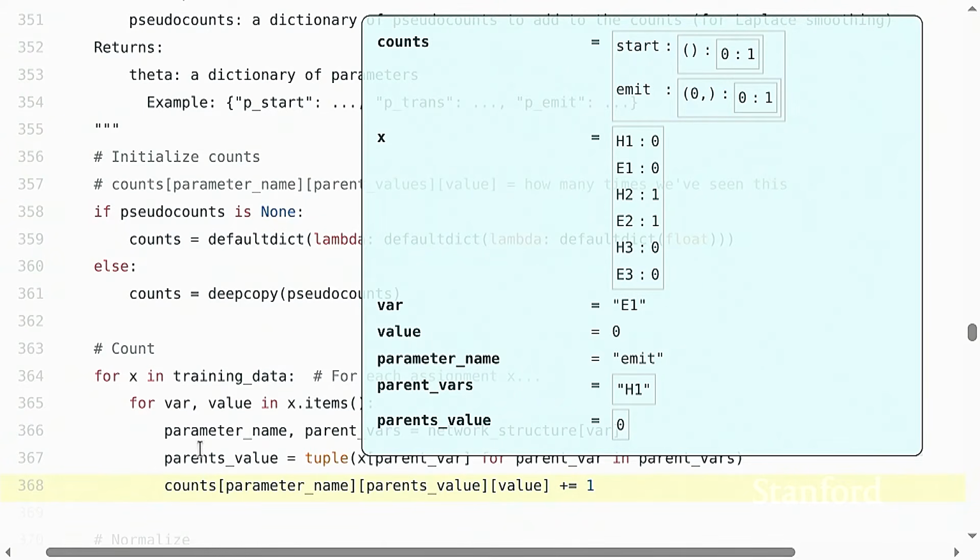Before I had counts underscore G, counts underscore R, but now I'm just replacing this with one nested dictionary, which is counts, using the names as the first key. And that gives me basically this conditional distribution over the node's value given the parent's value.